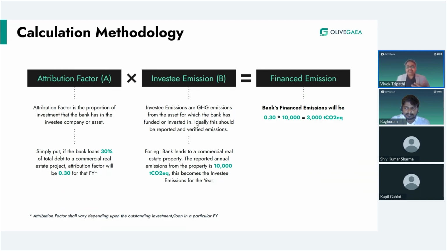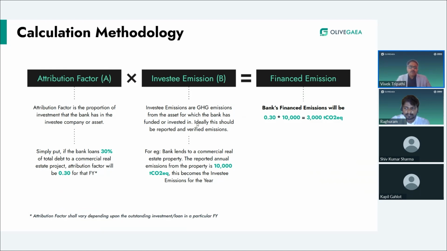Financed emission is an assisted emission, which the bank is basically helping an investee company to emit by way of funding that particular asset or production plant or investing in their equity. So the attribution factor is the proportion of the final emission that the investee company is going to produce, which will get attributed to the bank because of the nature of the investment that they have made in that particular project or asset.